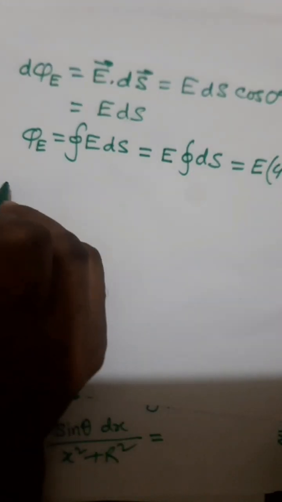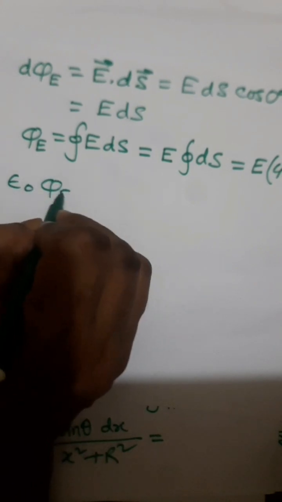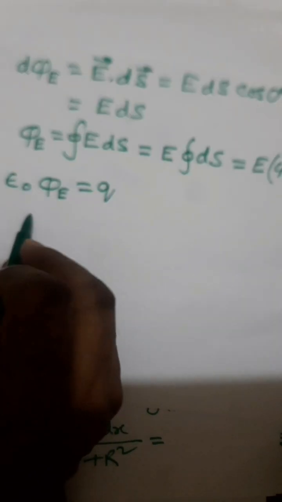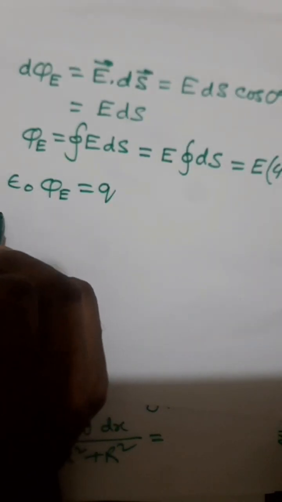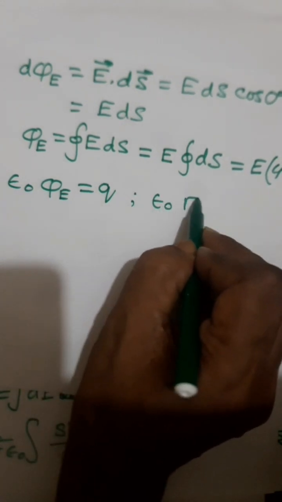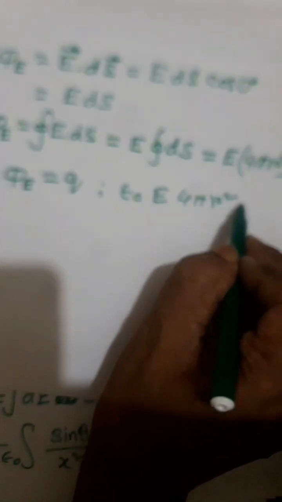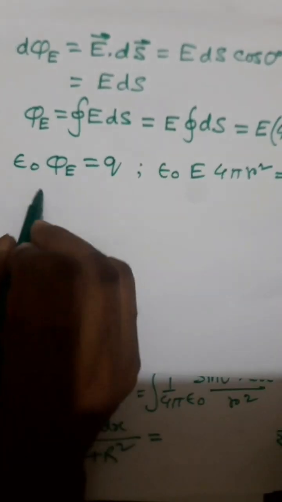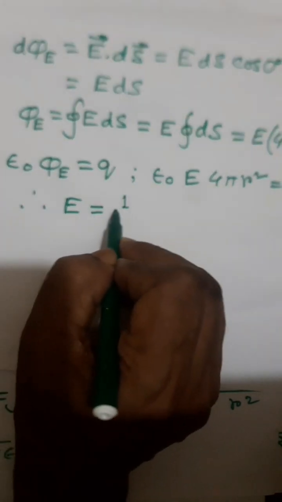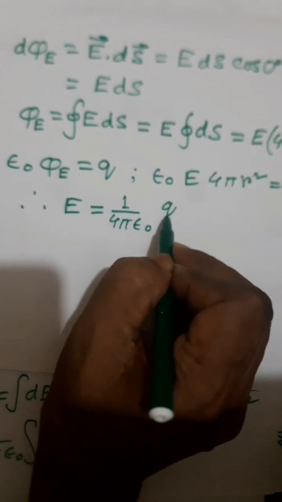Now, according to Gauss's law, epsilon naught phi E equal to Q. That is, epsilon naught E 4 pi r square equal to Q. Therefore, E equal to 1 by 4 pi epsilon naught Q by r square.